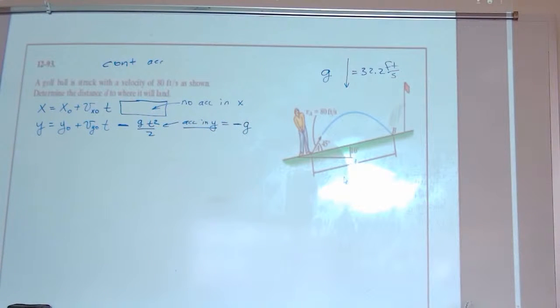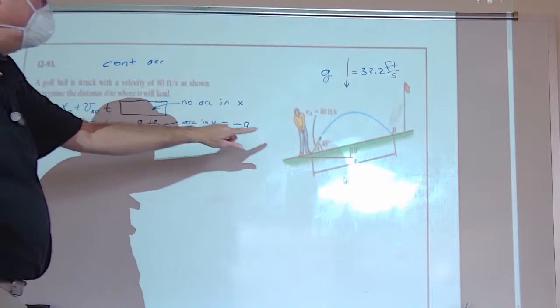So the question is, how do you solve this? You've got a golf ball that starts at 80 feet per second.